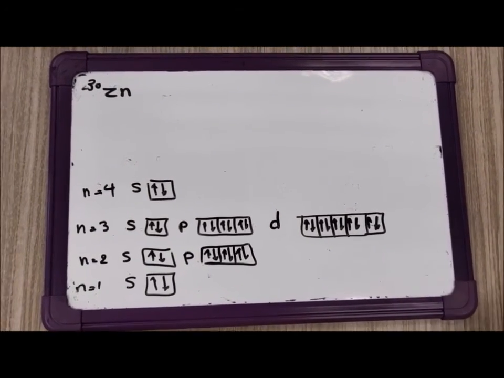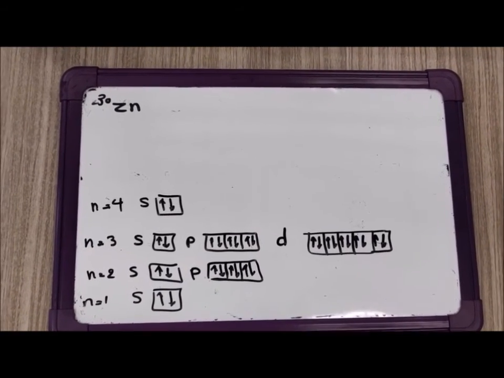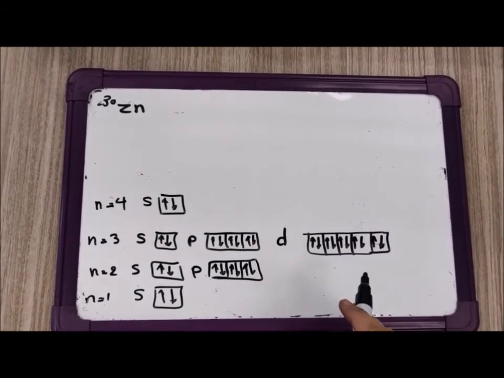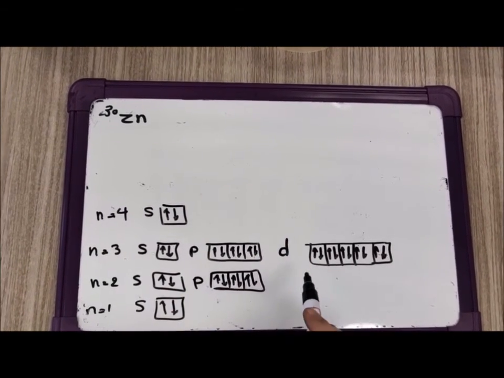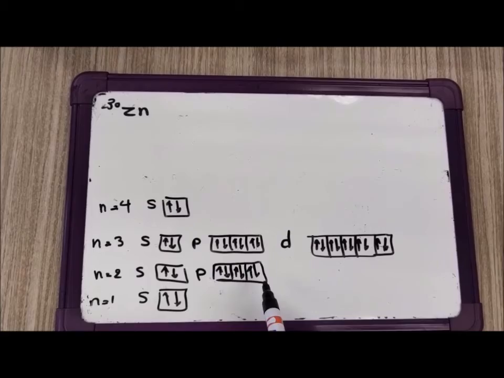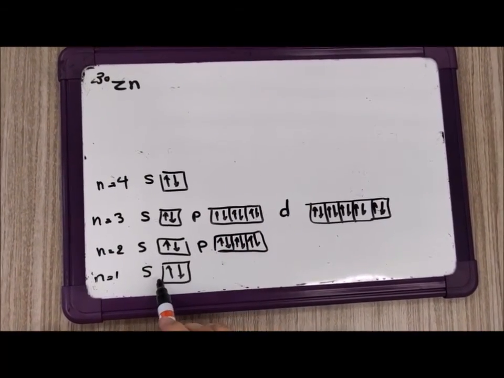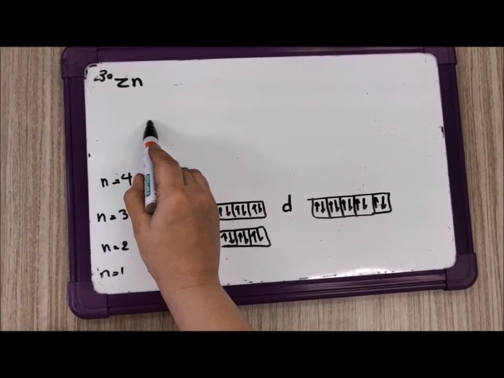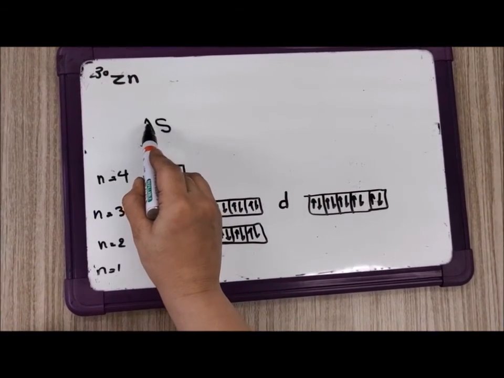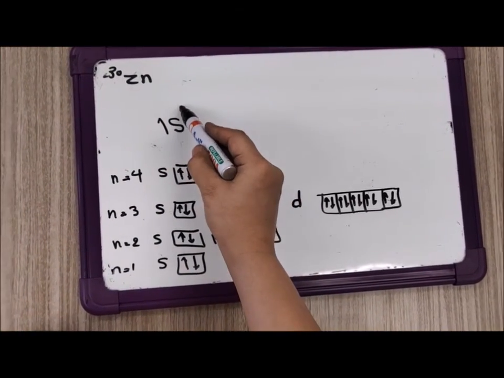So for the zinc element with 30 electrons, this is how the orbitals are set up with the electrons. Now we want to write another form, the electronic configuration, for the zinc element. As you can see, in the first shell, s orbital, we have 2 electrons.